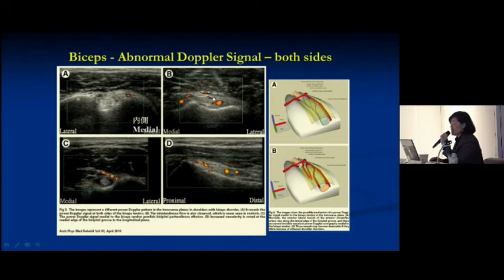If there's any abnormality, you will see an increase in the color Doppler signal. You also want to see whether it's peritendon or actually with the bursa. So it's very important to do a dynamic scan in order to see the gliding of the tendon over the bursa.